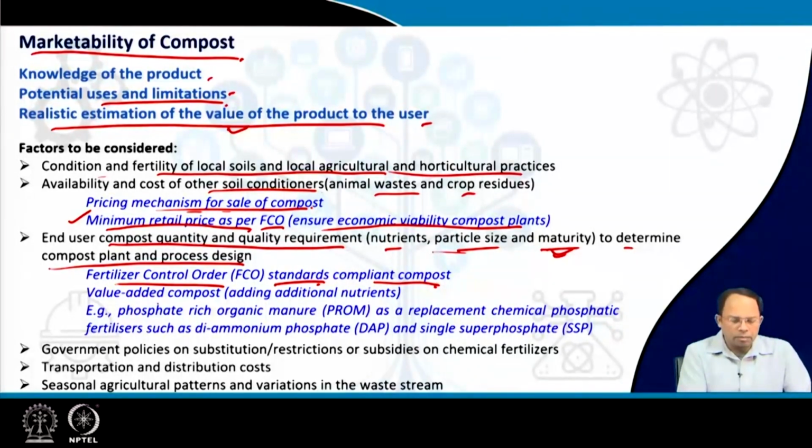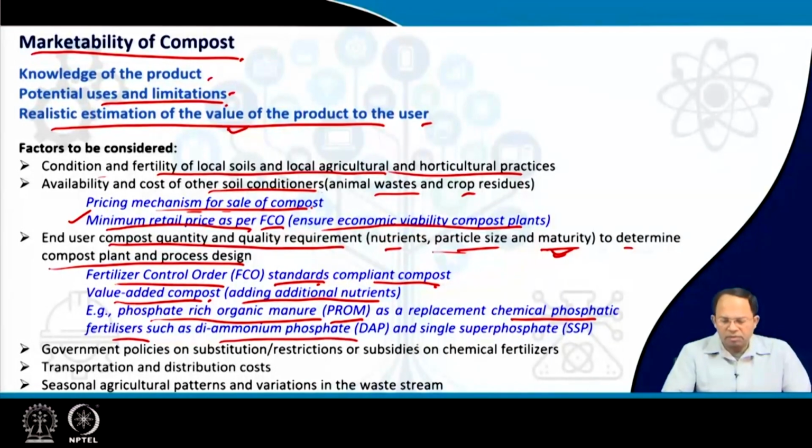We can also add some additional nutrients to the compost, and we can call it a value-added compost. For example, PROM, which is phosphate-rich organic manure. It is a replacement for chemical phosphatic fertilizers such as diammonium phosphate and single super phosphate.